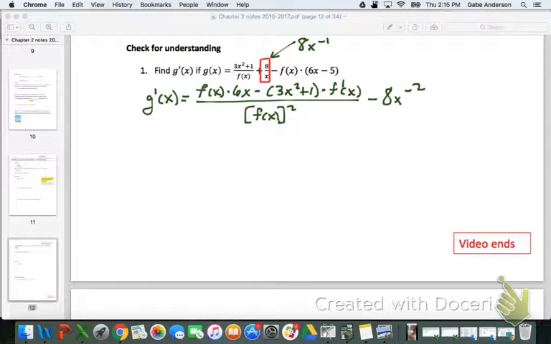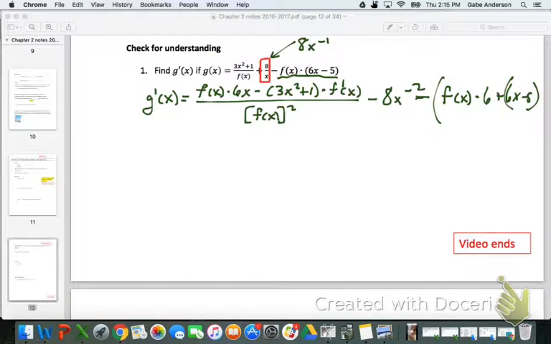And then finally, my last term here is, of course, a product. I hope you recognize that. So I'm going to write minus, I'm going to put this in parentheses, and I'm going to go 1d2 plus 2d1. So 1 would just be f of x. d2 is just 6 plus 2. So that would be 6x minus 5.